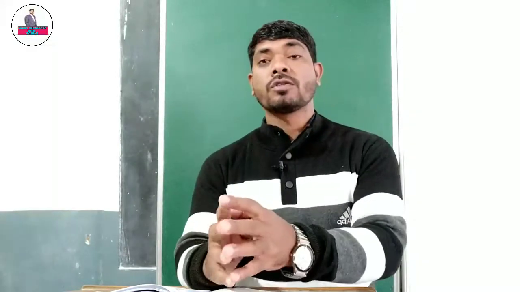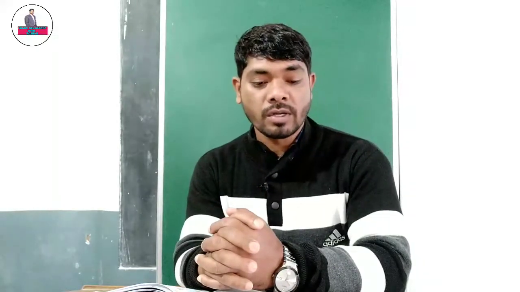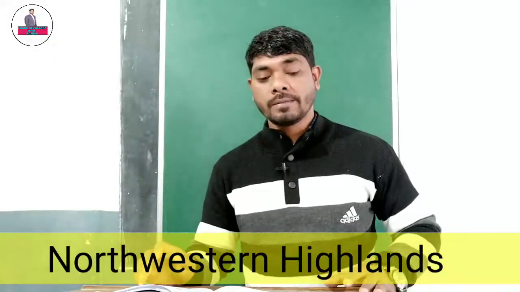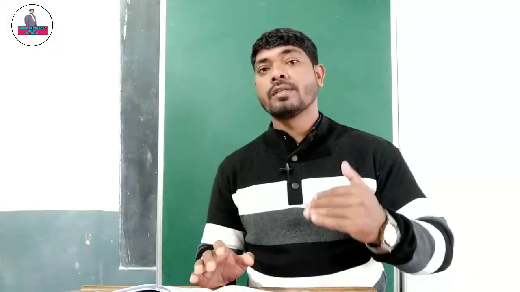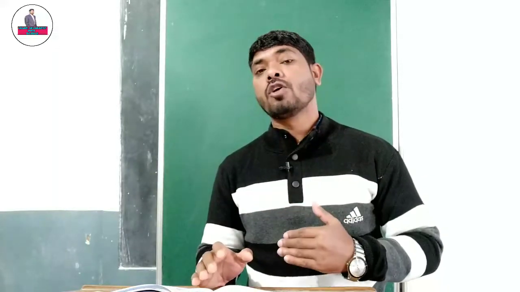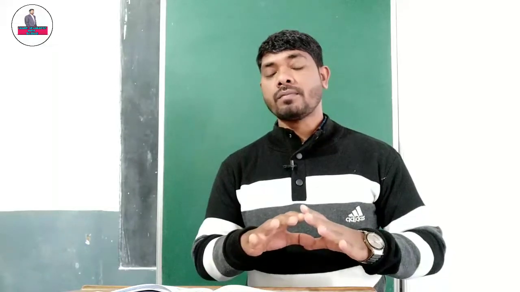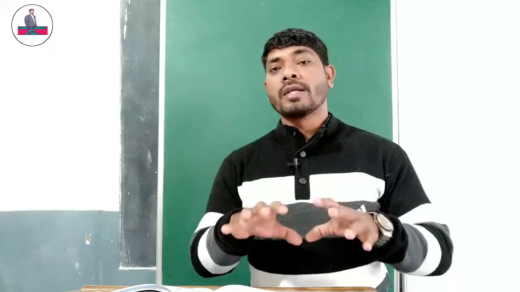In this video, basically we shall learn about the first physical feature of Europe, the Northwestern Highlands. Overall we have discussed that the northern side of Europe is dominated by plains and the southern side by mountains, but overall it is a variety of landforms.